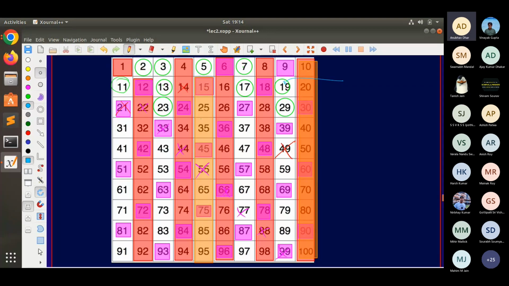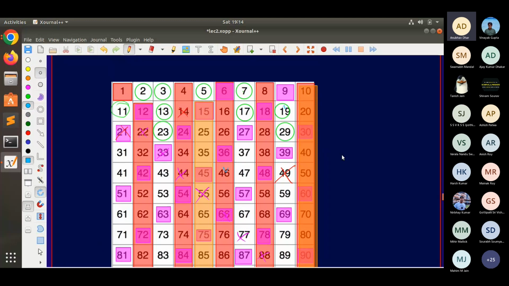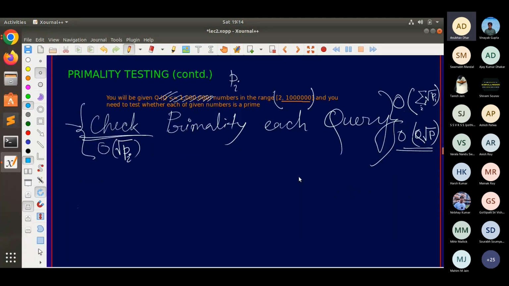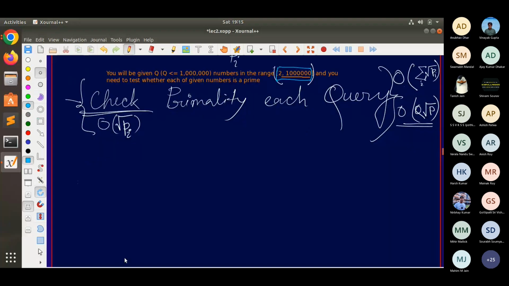If I say is 46 a prime, you can just see that, oh, okay, I've marked this as not prime. So if you can do this on this entire range initially once, then you can answer all of these Q queries in a constant amount of time.